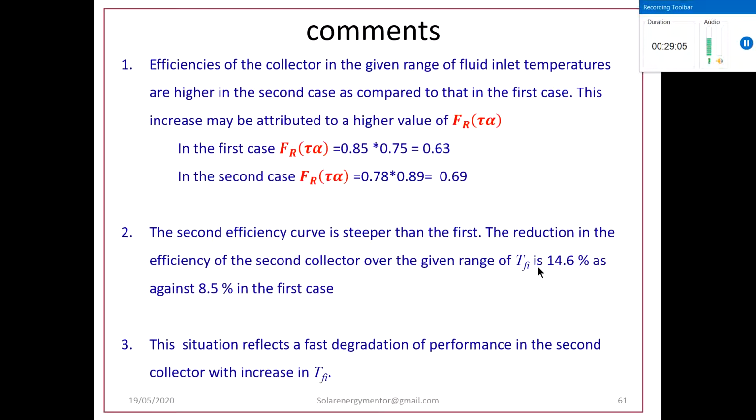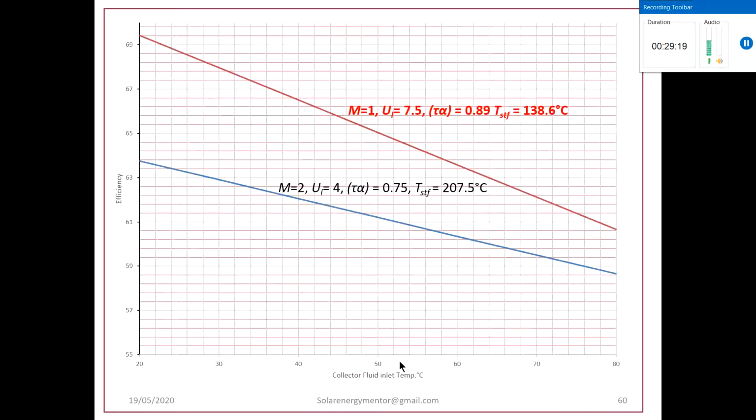So the reduction rate of efficiency in the second collector is 14.6% as against 8.5%. So this situation reflects a fast degradation of performance in the second collector.